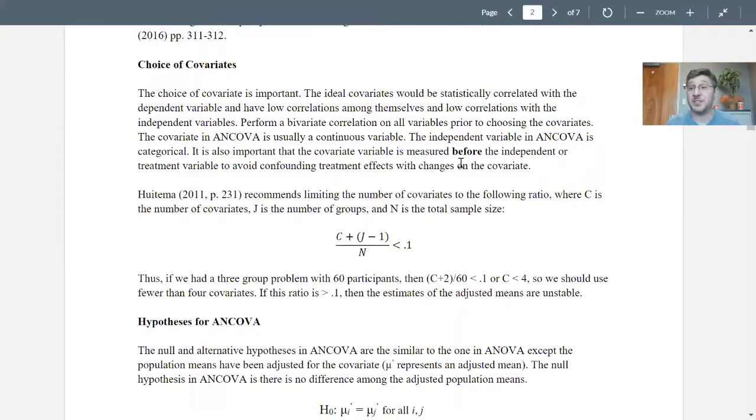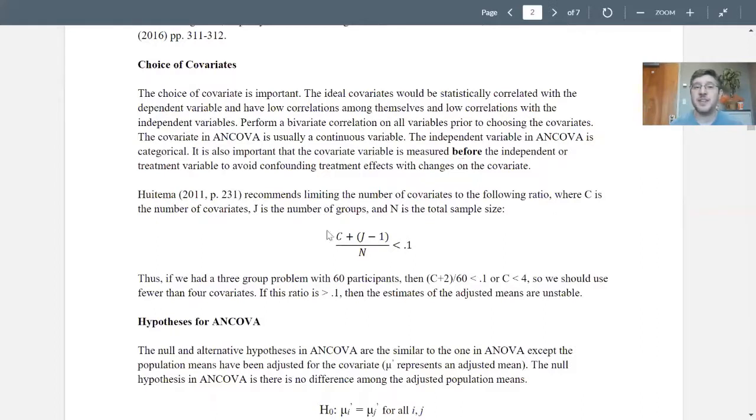We would also want our covariates to have low correlations among themselves and low correlations with other independent variables. A good way to assess this is to run some bivariate correlations on the variables used in your study. It's also important that the covariate is measured before the independent variable or treatment variable, to avoid confounding the treatment effects with changes on the covariate.